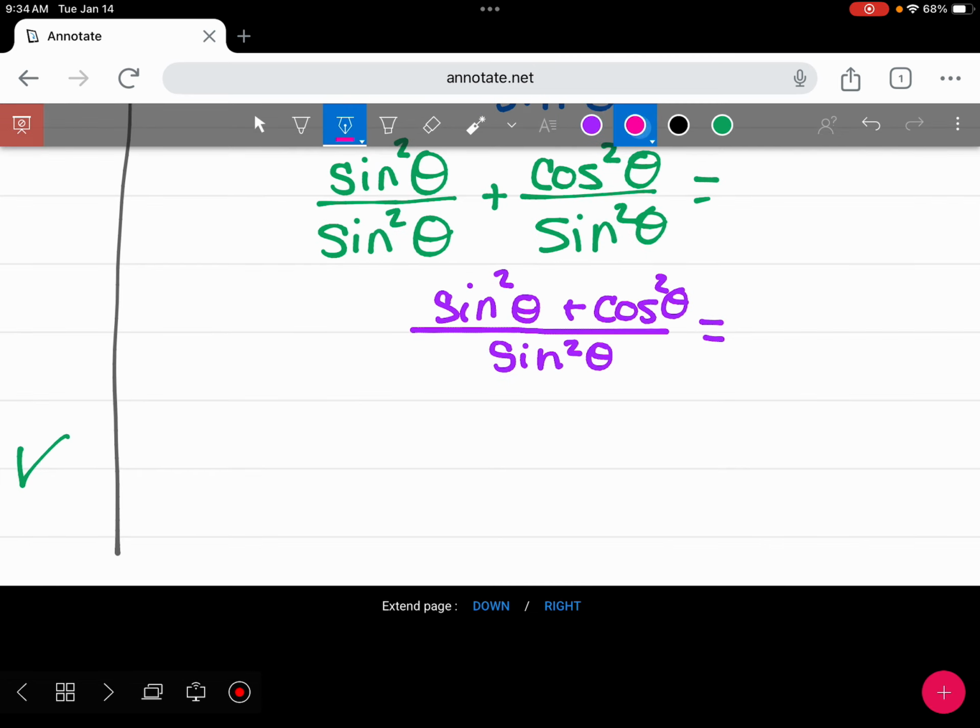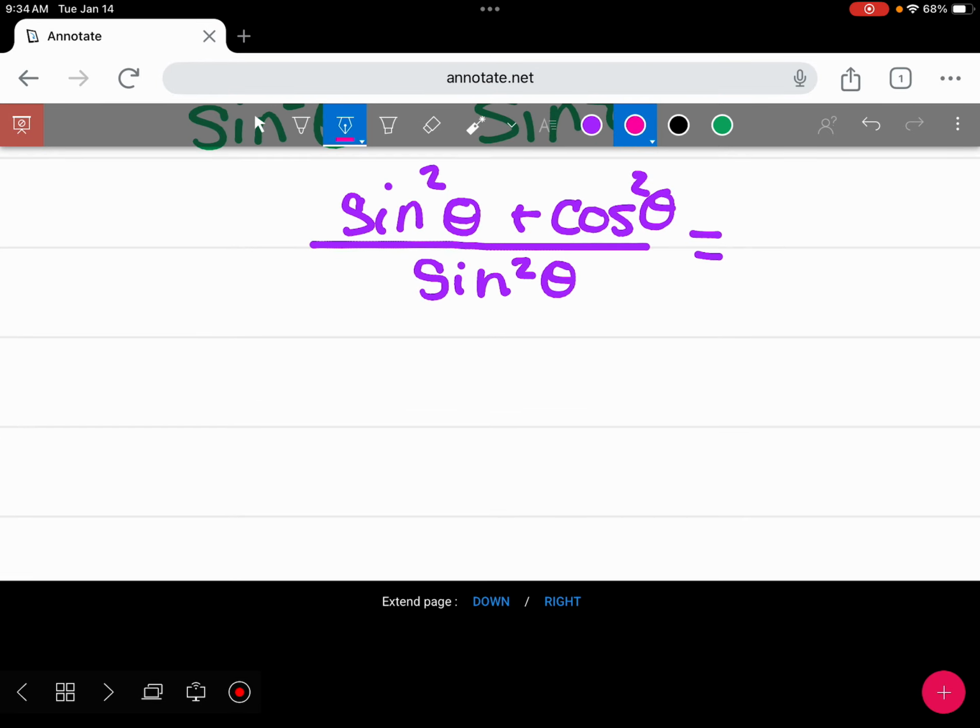So what does our numerator equal? 1. That's, again, that first Pythagorean identity. We will use that one a bunch of times. That one's going to be the one we use most frequently. We will use all of them, but we will use the sine and cosine one the most frequently. So this is the same thing as having 1 over sine squared theta.